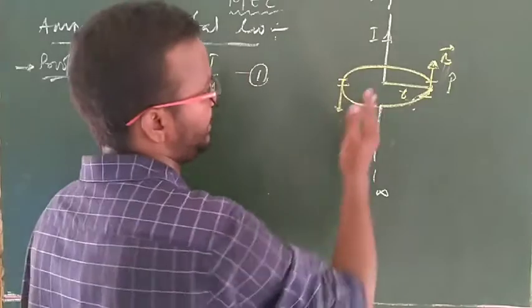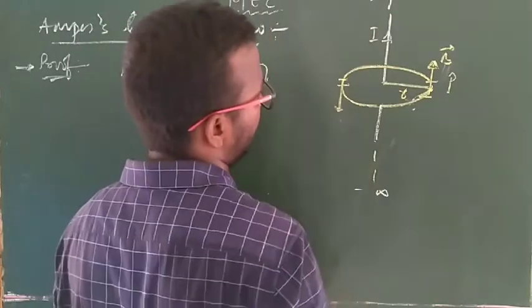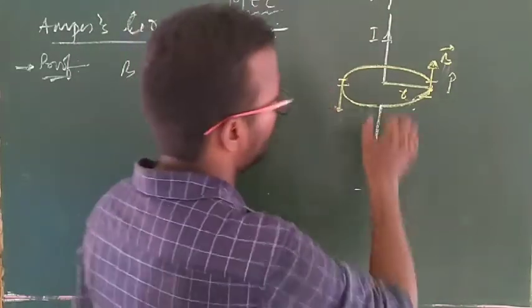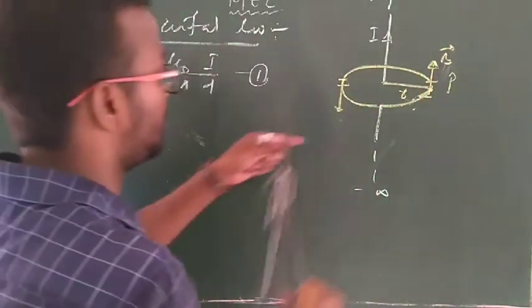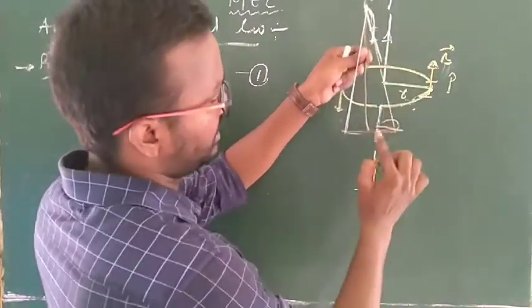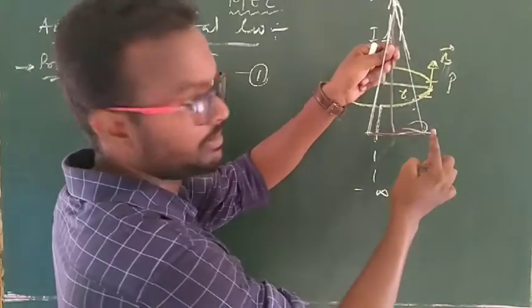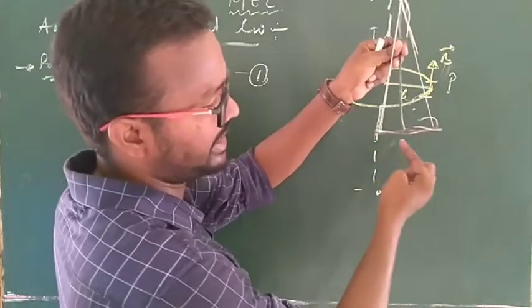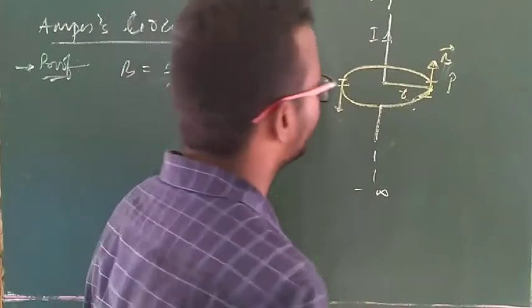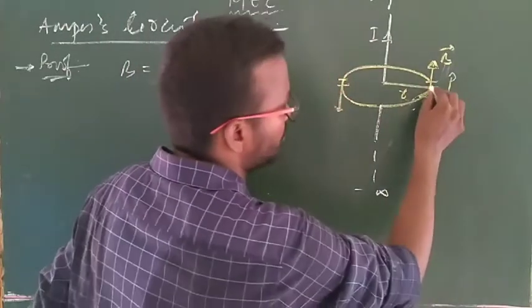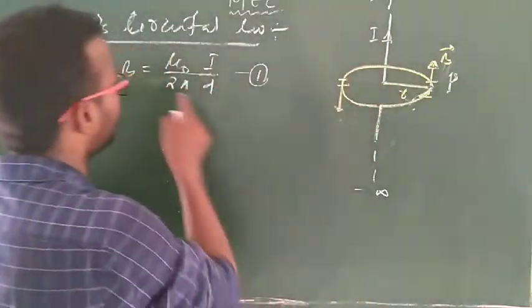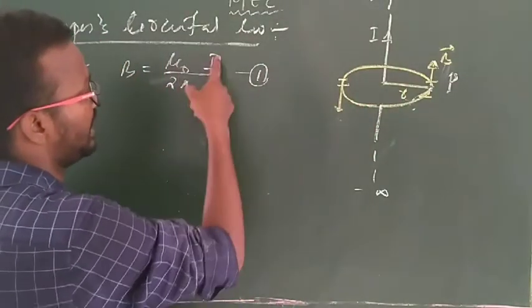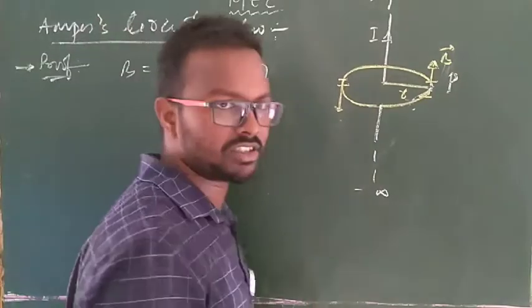We know that the magnetic lines are always concentric circles around the conductor. Suppose this is the direction of current and this is the direction of magnetic field lines, and these are concentric. So if we draw, we have to find the magnetic field at point P. That means the formula is B equals mu naught by 2 pi, I by D, for an infinite long straight conductor.